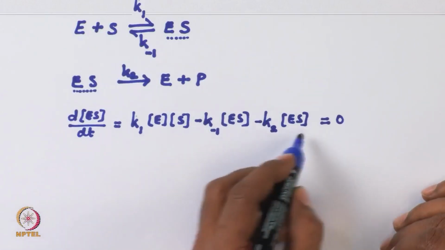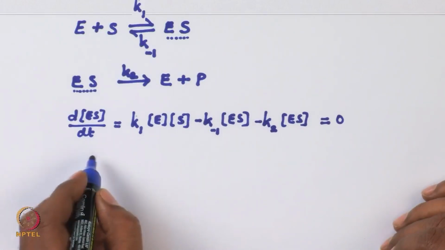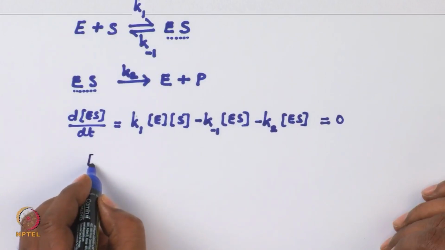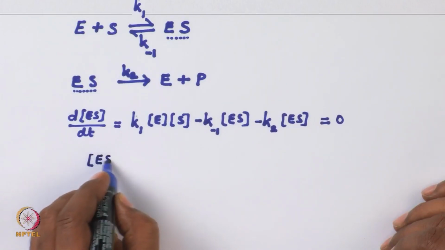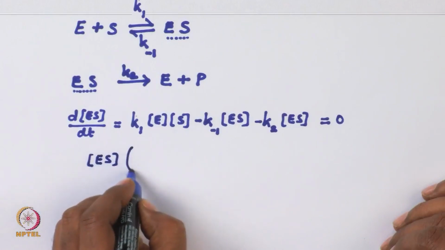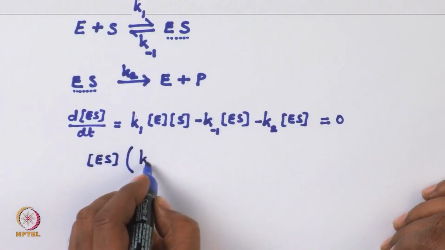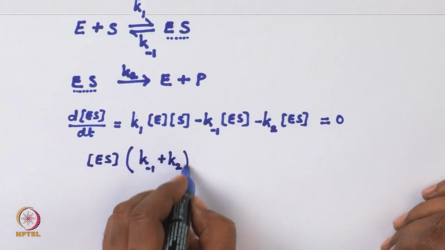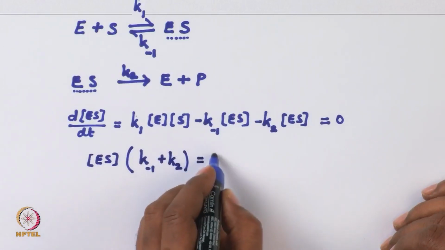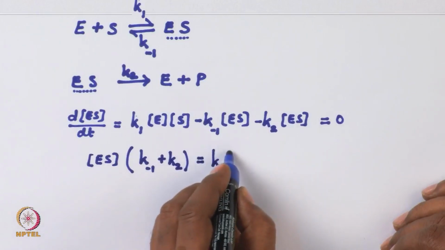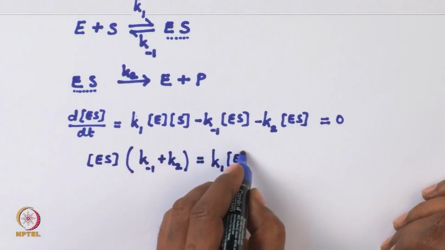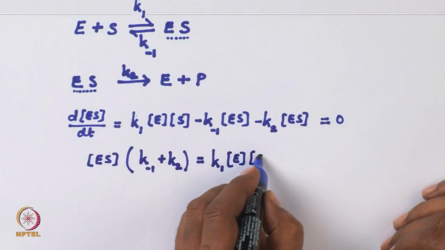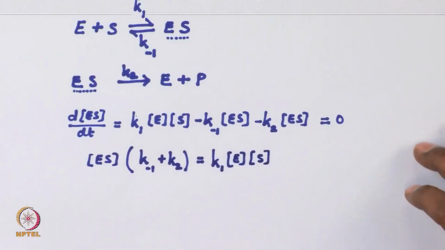Now, from this equation, if I take out ES, then within the bracket I have K minus 1 plus K2 equal to K1 into enzyme concentration into substrate concentration.